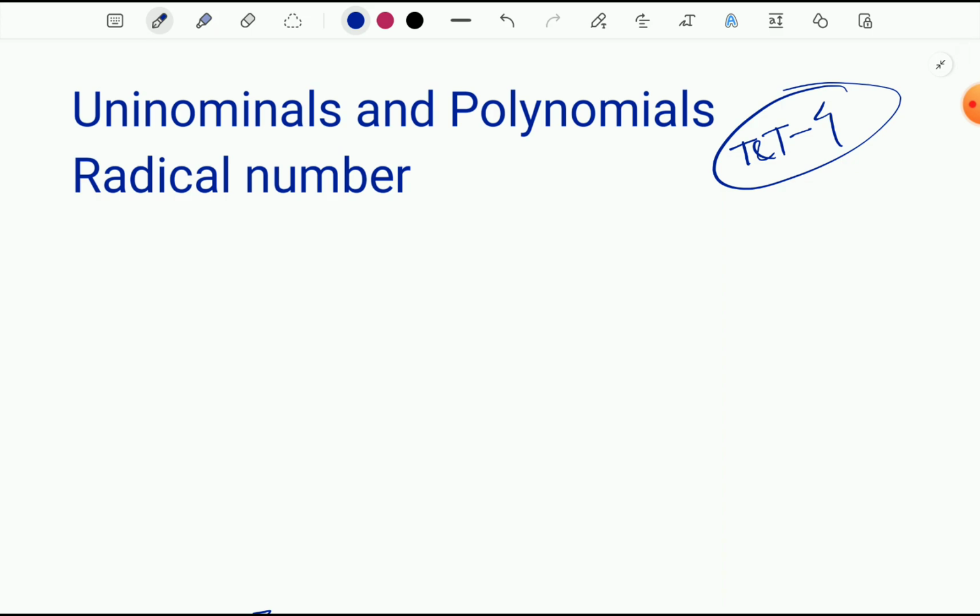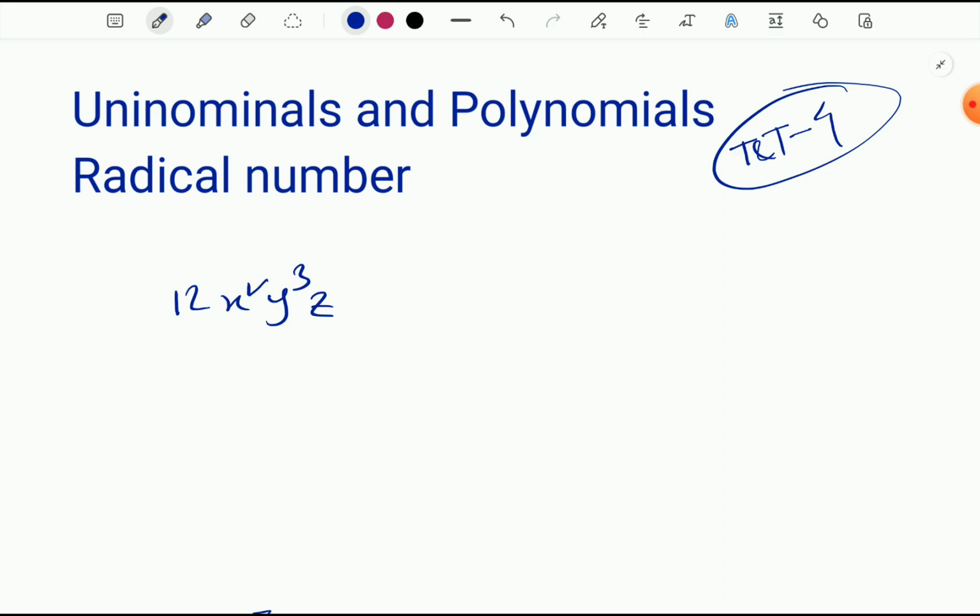What is a monomial? An expression like 12x square y cube z is called a monomial. But if we add two monomials together, by summation or by subtraction, like an algebraic operation, then it becomes a polynomial.